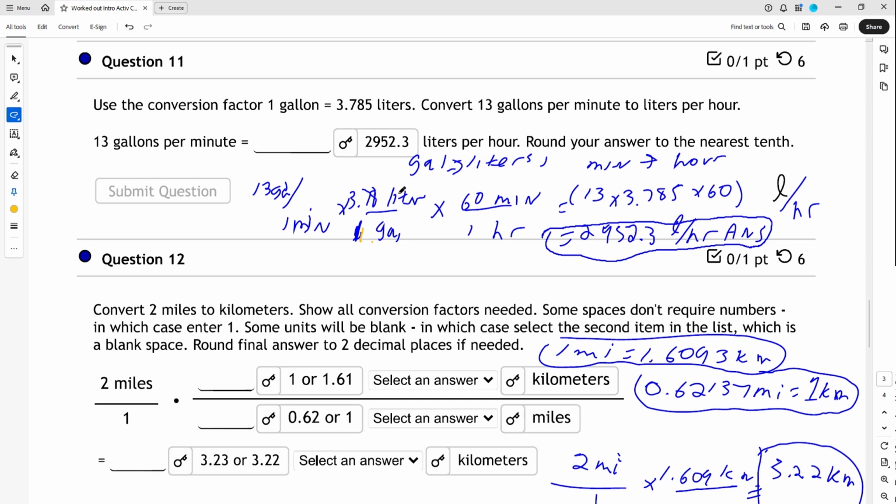Okay. Then I want to start getting rid of the minutes to hours. So minutes is down here. So I put minutes up here so it cancels out and replace it with hours. 1 hour is 60 minutes. Okay, so when I multiply, gallons cancel out.